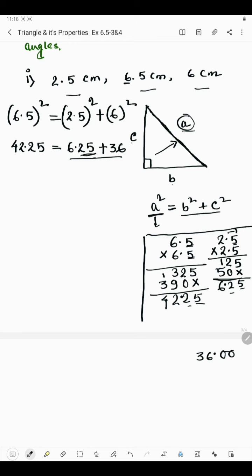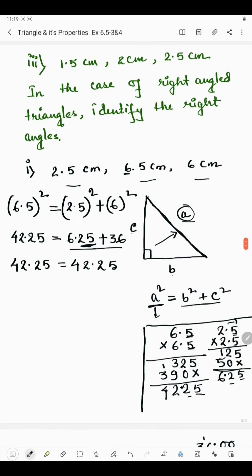Here we have 2 digits after the decimal, so we have put 00. Now add 6.25. So 5 plus 0 is 5, 2 plus 0 is 2, then the decimal, 6 plus 6 is 12, 2 and 1 carry, 3 plus 1 is 4. So it's 42.25. And on the left hand side we also have the same number.